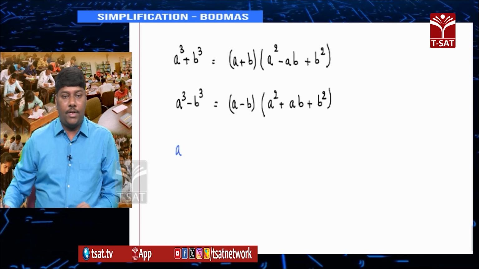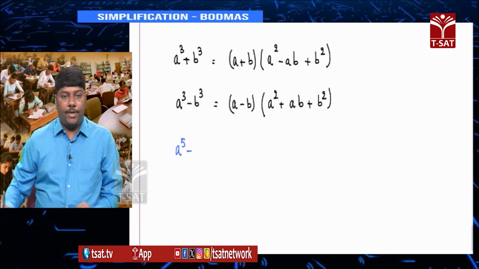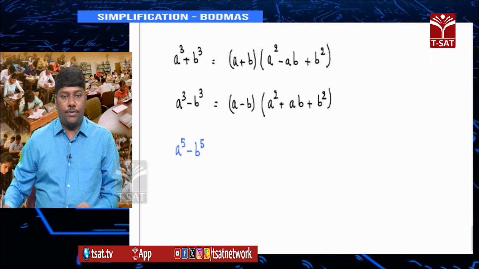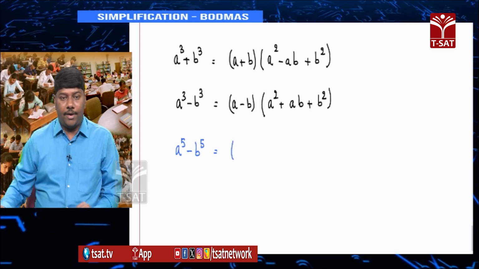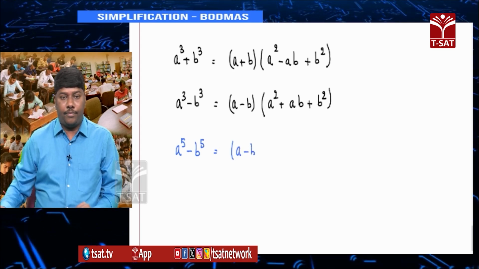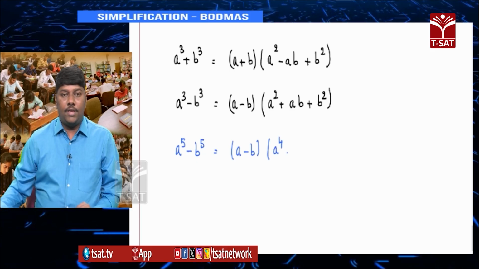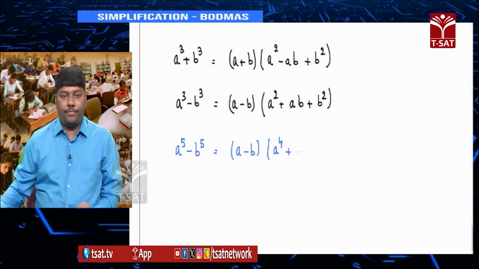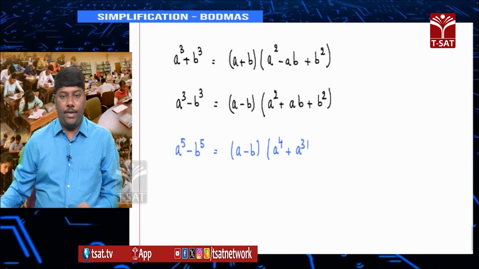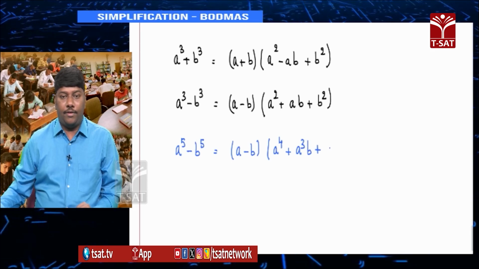Even if I write a power 5 minus b power 5. So, when it is minus, write down a minus b, then after take from a power 4, decrease the power of a, a cube b, then increase the power of b.